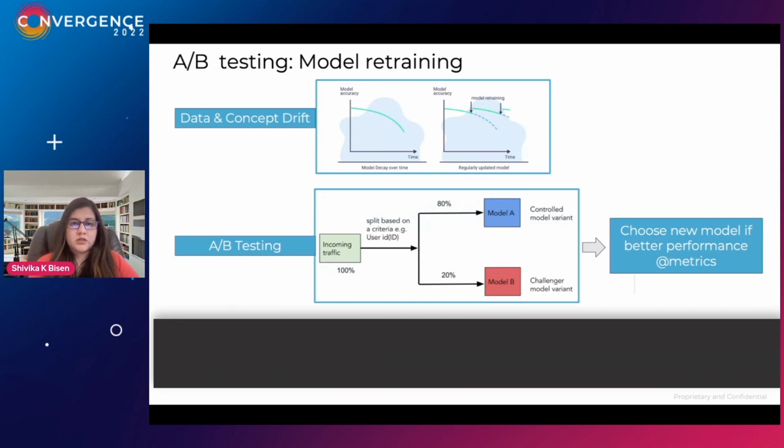That metric could be anything, whatever you decide. It can be accuracy, latency, or load, whichever is applicable to your business application. You choose that metric, and if the new model has better performance in that metric, you then go ahead and deploy the new model. And that's how it works.